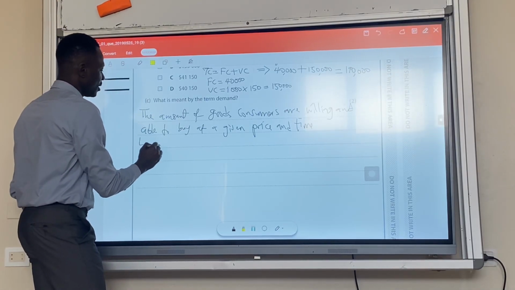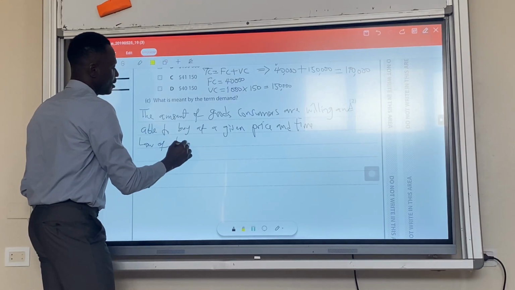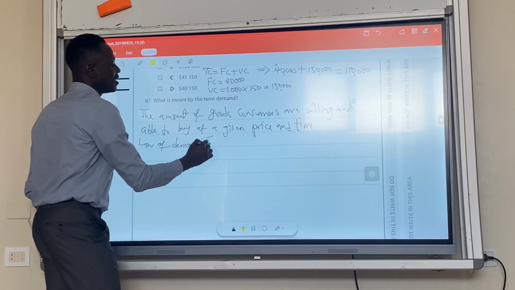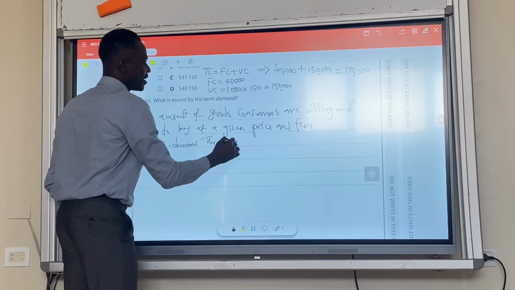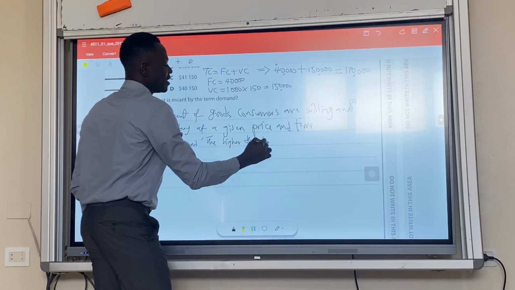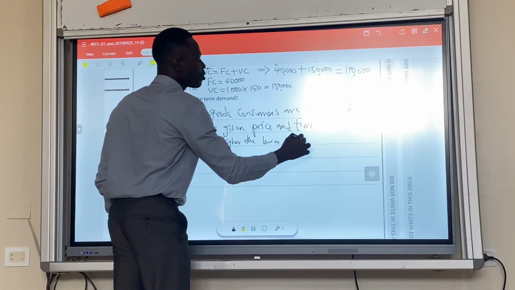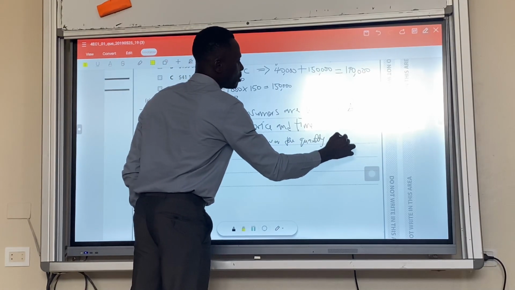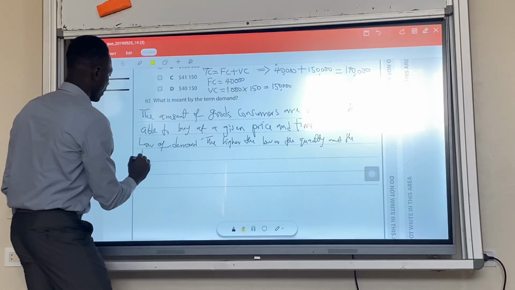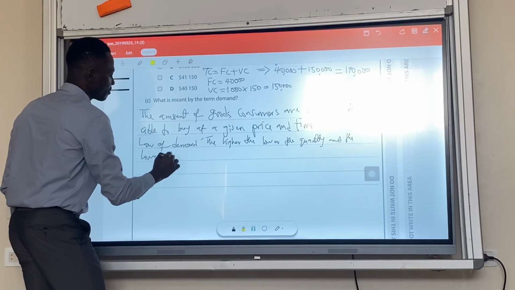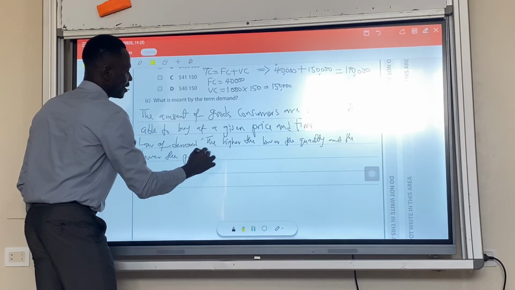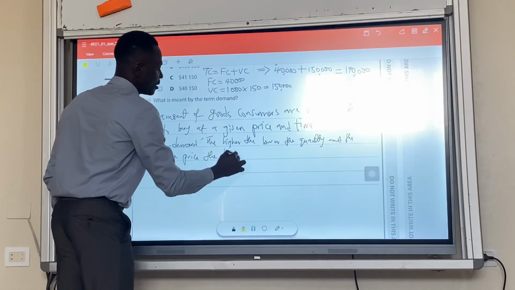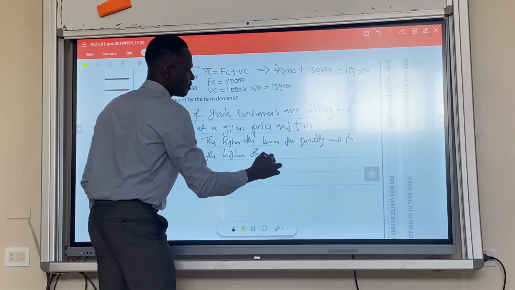The law of demand: the higher the price, the lower the quantity demanded. And the lower the price, the higher the quantity demanded. It's an inverse relationship.